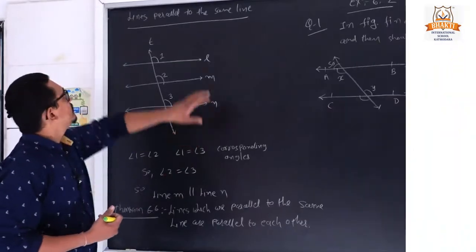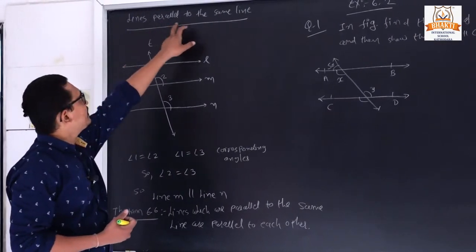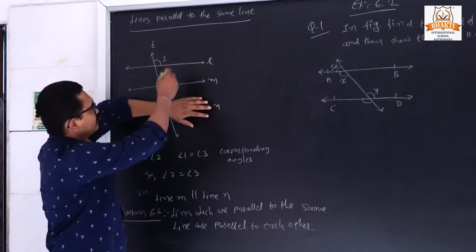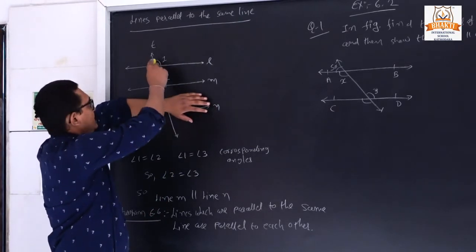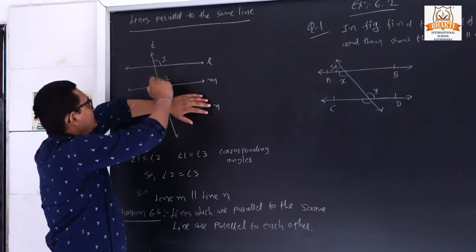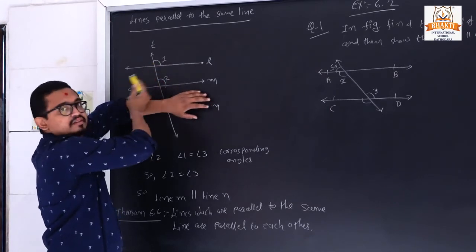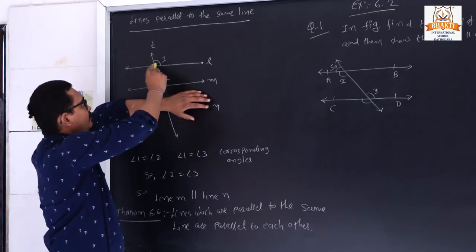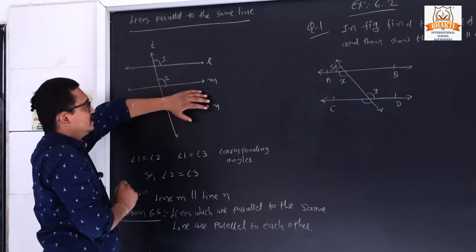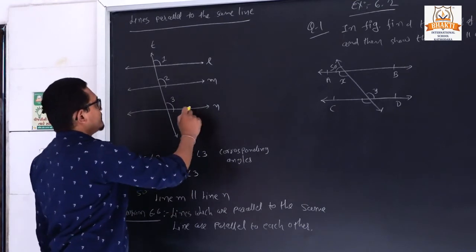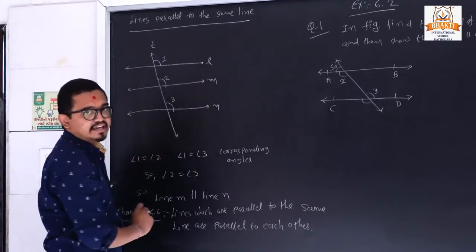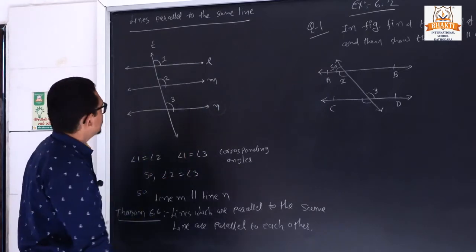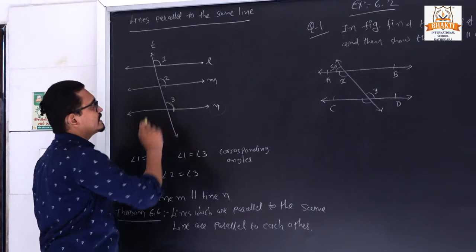So the next concept is lines parallel to the same line. Suppose these two lines are given, and this is our transversal line. These both angles are corresponding angles, so angle 1 and angle 2 are the same. Now I am drawing a third line which is parallel to L as well as M, and we give its name N. Here I am giving the name angle 3.